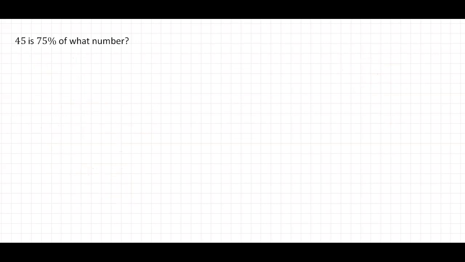Let's try a few more examples. 45 is 75% of what number? So let's go ahead, 75% is 45 divided by a specific number. Let's use x again. What I like to do is simplify 75%.